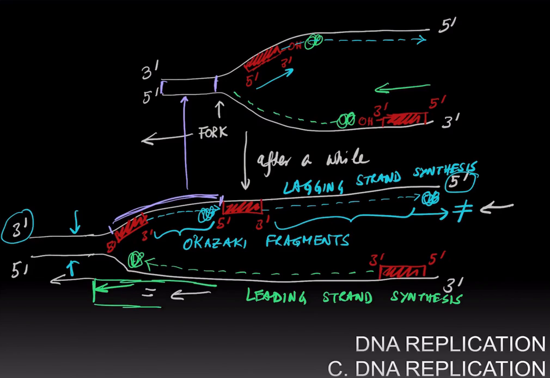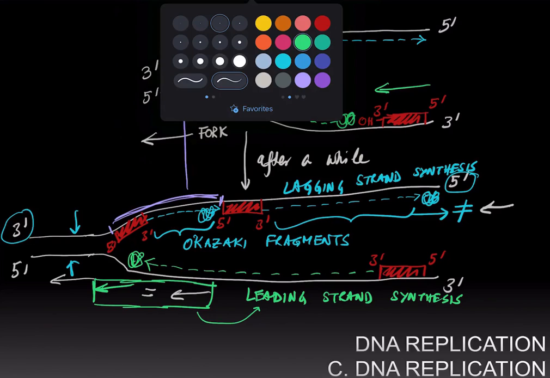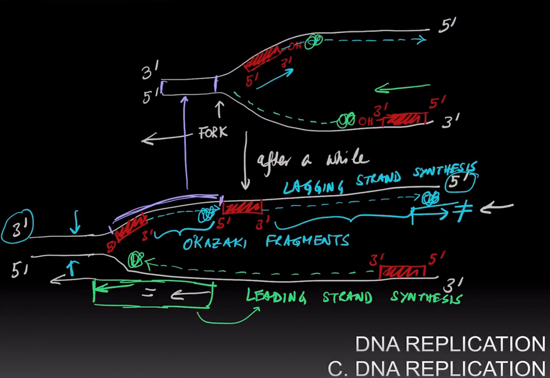If the polymerase is moving in the same direction as the replication fork, then you have leading strand synthesis. On the other hand, if you have the DNA polymerase moving opposite to the direction of the replication fork, then you end up doing lagging strand synthesis.